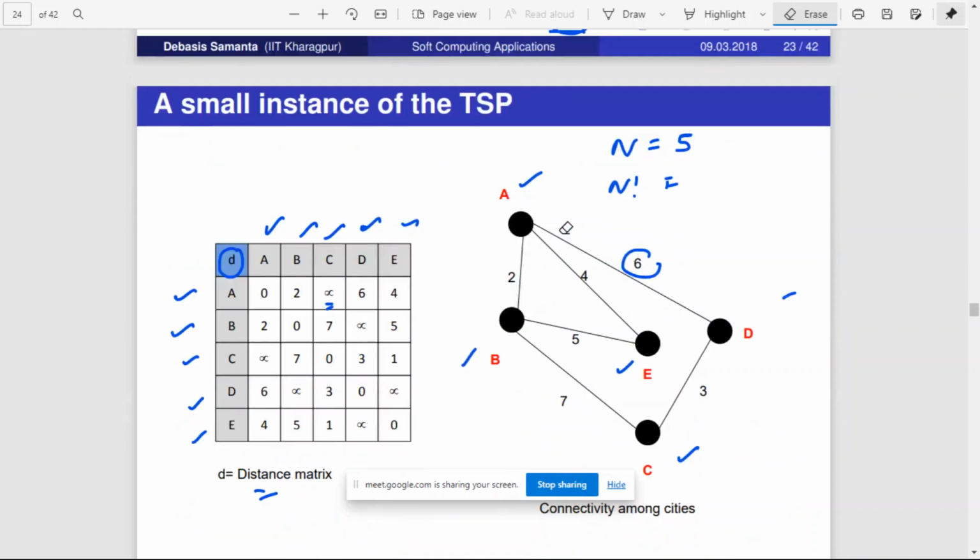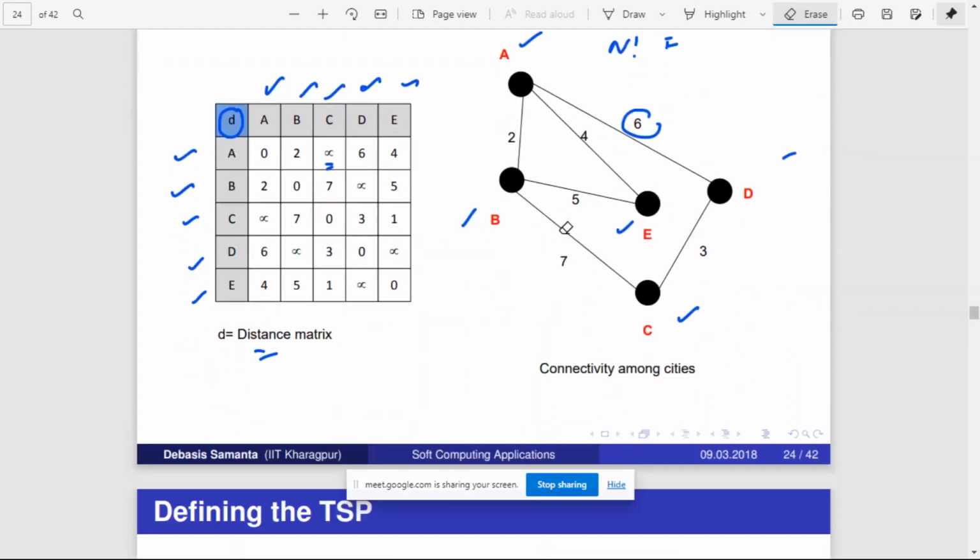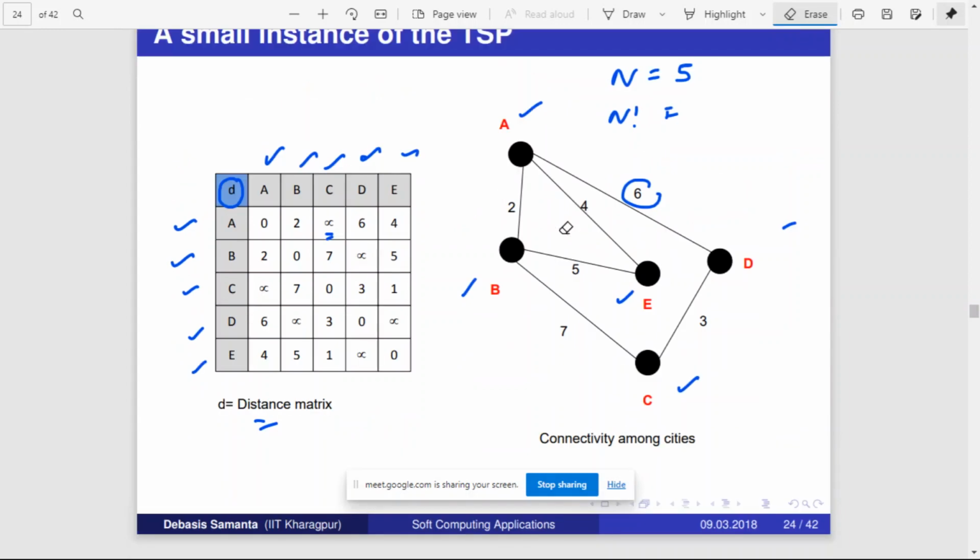So all these things are nothing but ways of representing the initial population in a GA. So in this problem, there are 5 factorial ways to represent the initial population. 5 factorial means, as Akila said, there are 120 possible ways. So all these come under initial population.